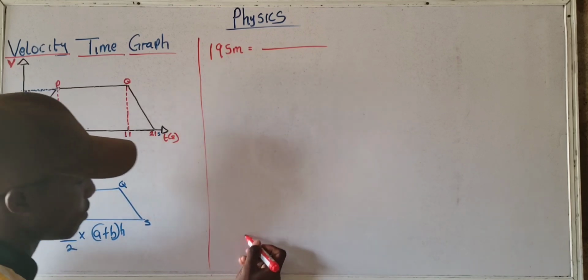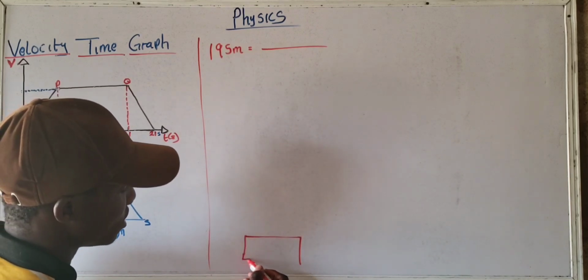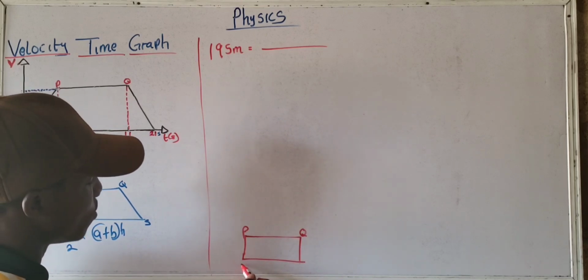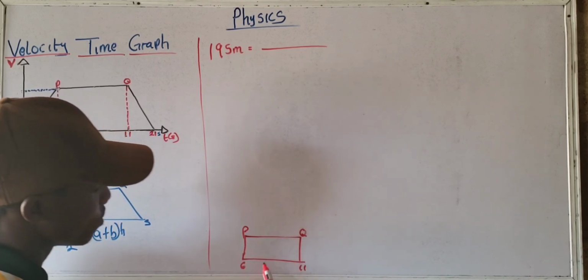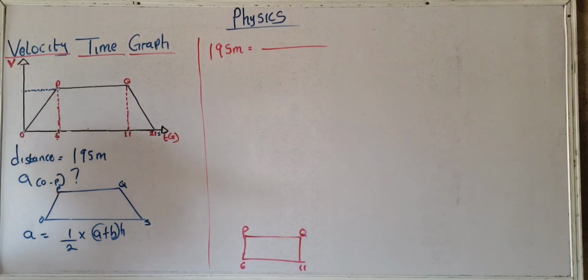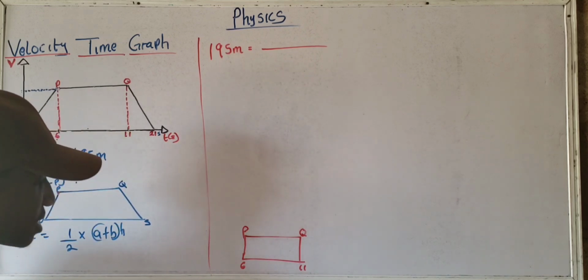If you draw the shape, this PQ looks like a rectangle. So if I want to get the length of this side, that is 11 minus 6. And 11 minus 6 will give me 5. So the length of this side is 5.